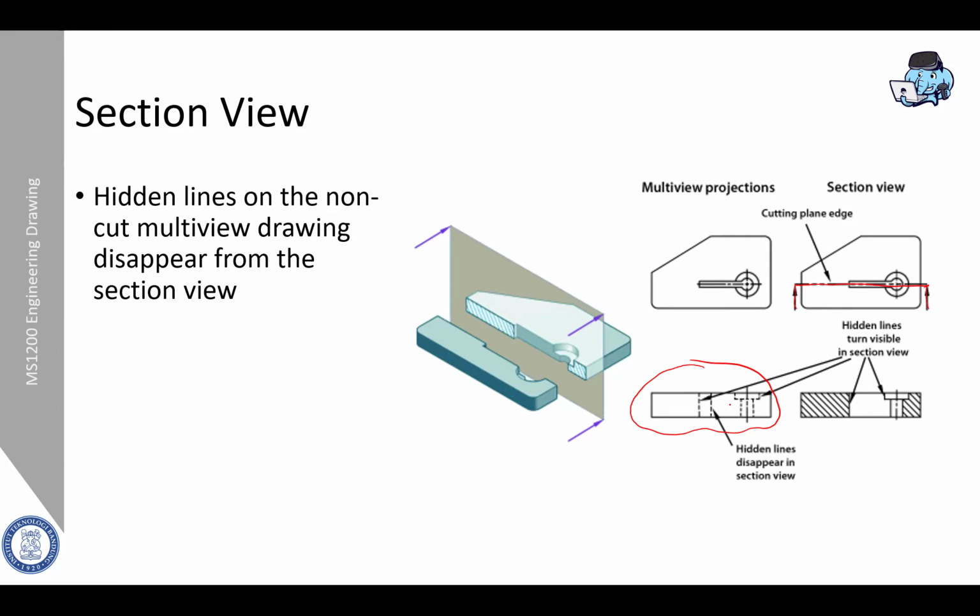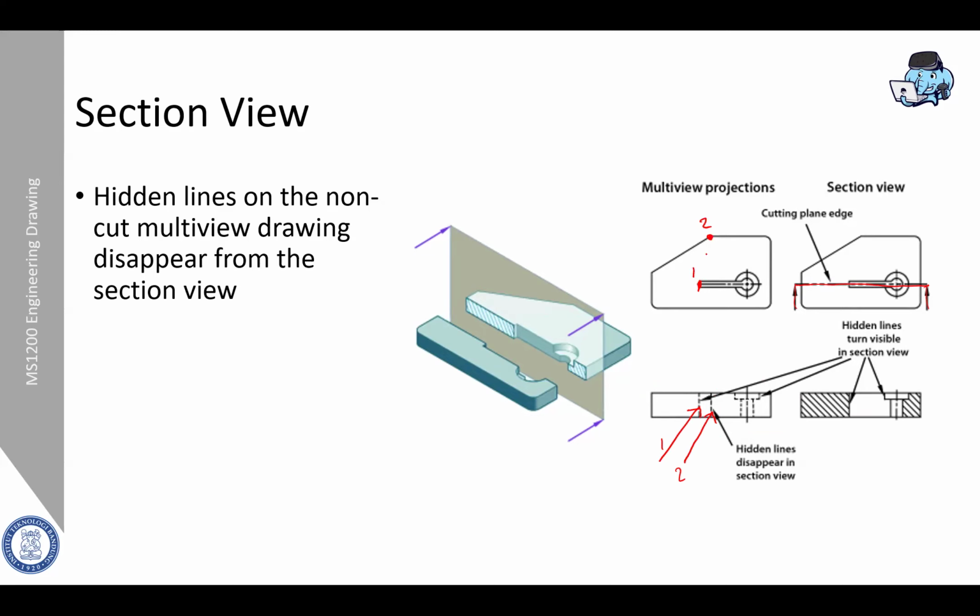So actually, as you can see, this hidden line is showing you this one. And this hidden line, let's say this is the first and this is the second one, is actually showing you this line. This is number one.